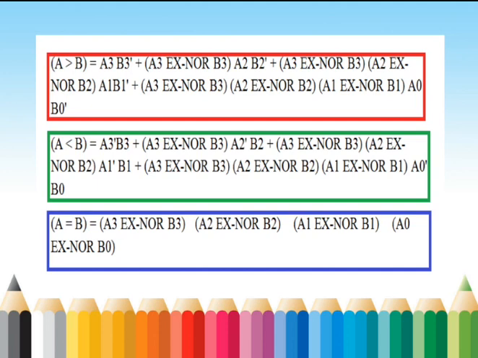So that is A3 XNOR B3 into A2 XNOR B2 into A1 XNOR B1 into A0 XNOR B0. These are the logical expressions obtained for a 4-bit magnitude comparator.